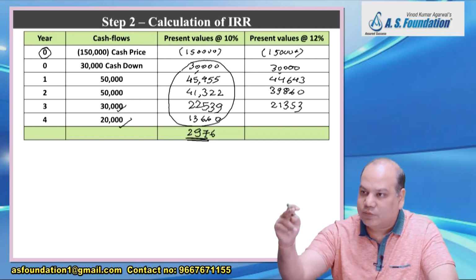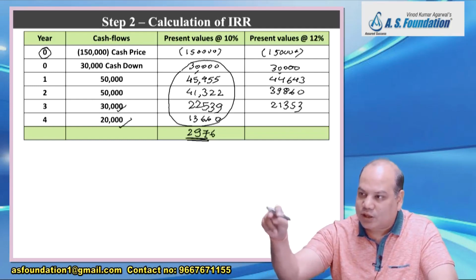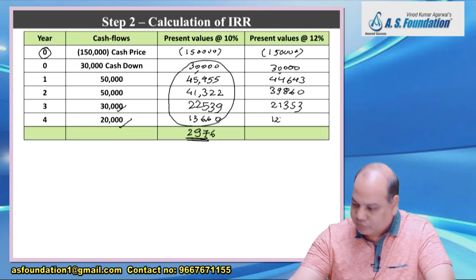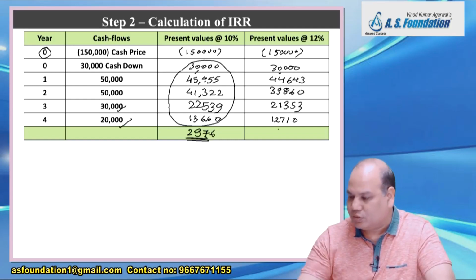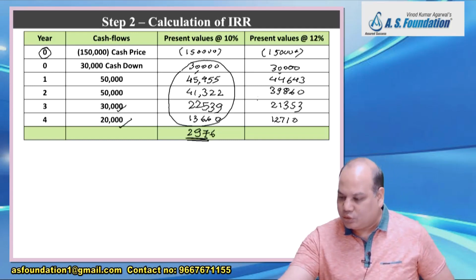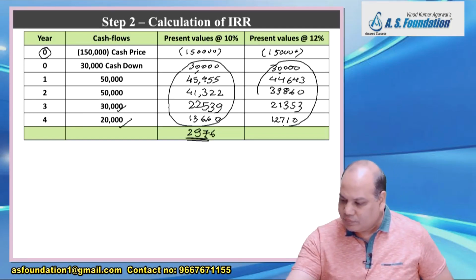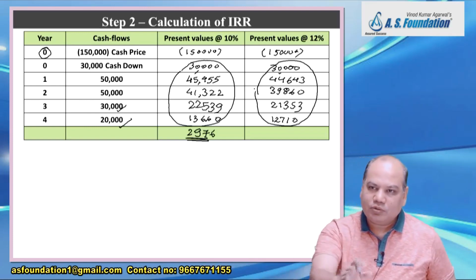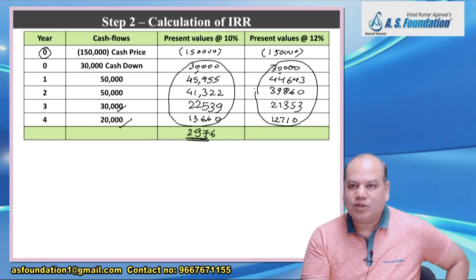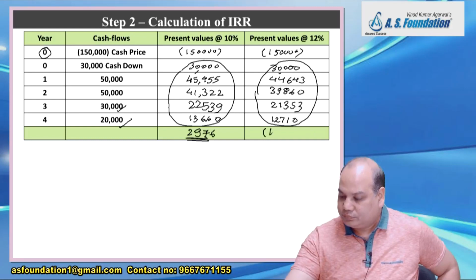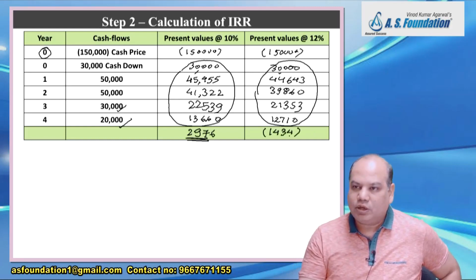Type 20,000 divided by 1.12, 4 times equal to: 12,710. Okay. Again do the same exercise. Take the total of all positive numbers. This is the present value of cash inflows, and deduct the cash price. Negative 1,434. Again it is not 0.